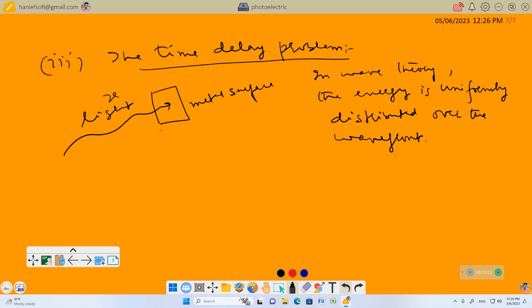Now there is some effective target area. What is effective target area? Now in this metal surface there is electron, right?